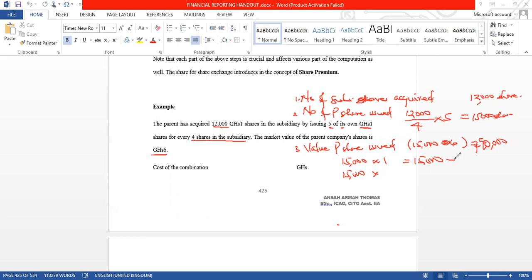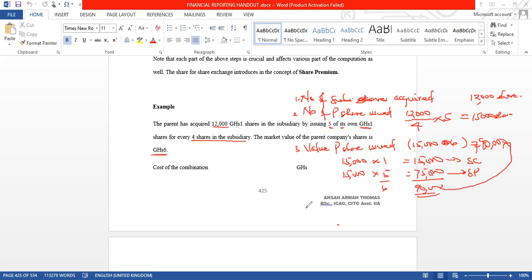So the 1 Ghana cedi side is the one that will go to your stated capital. Then the 5 cedis that they are paying on top of the 1 Ghana cedi to make the whole share price 6: 15,000 multiplied by 5 gives 75,000. And this 75,000 will be introduced in our share premium. So together, you still have your 90,000. That is how you have to split it.